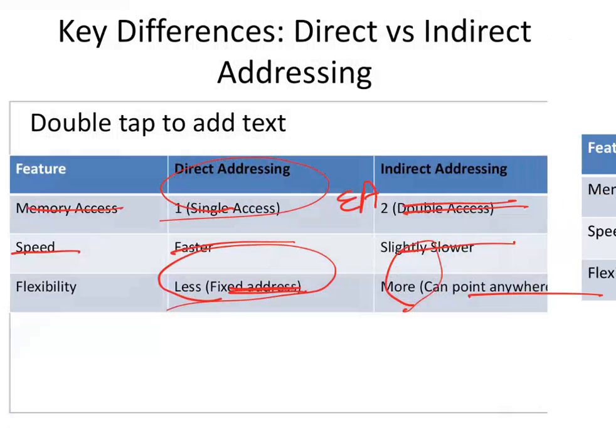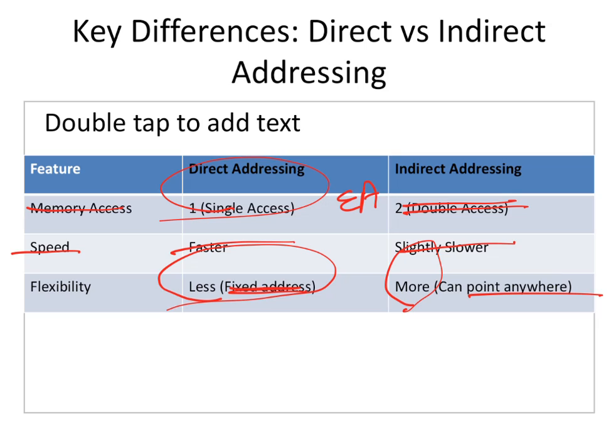In real life, direct addressing mode is like when you want to deliver a parcel and you have the actual address of that particular house, right? So you go directly to that house and give the parcel to that person. Whereas indirect addressing mode is like you don't have the actual address, but you have the address where you can find where to deliver the parcel.